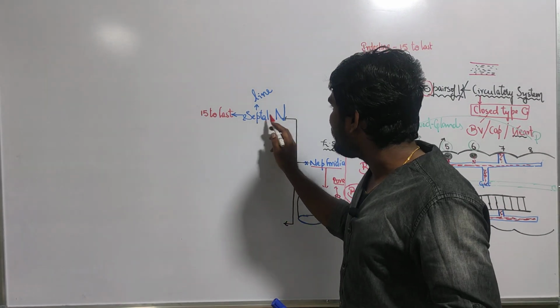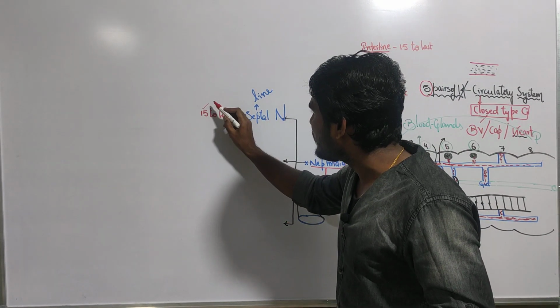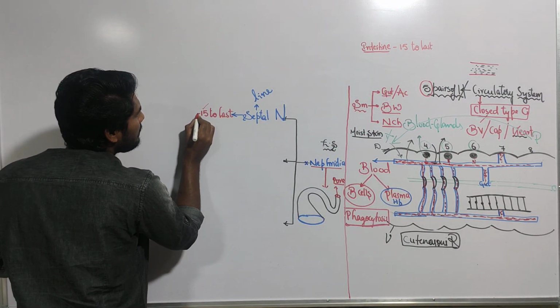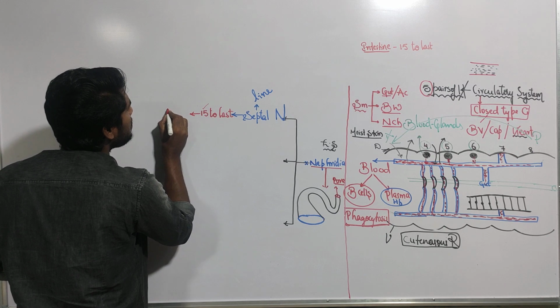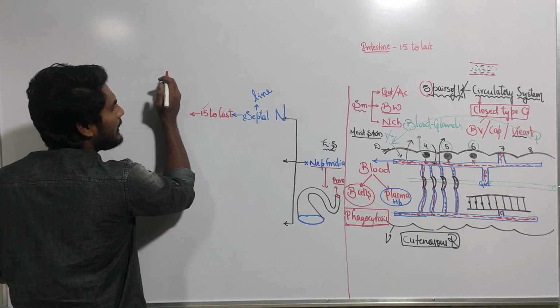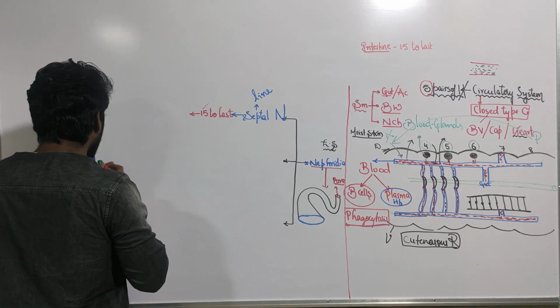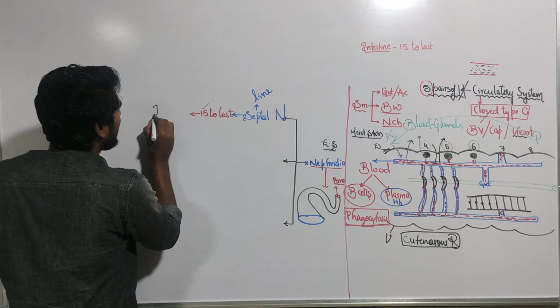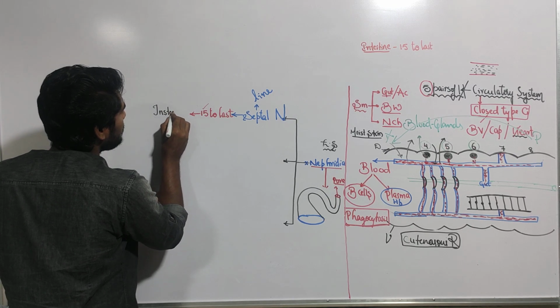So septal nephridia also start from the 15th segment to the last segment, which indicates that the septal nephridia are opening into the intestine, releasing their waste material into the intestine.